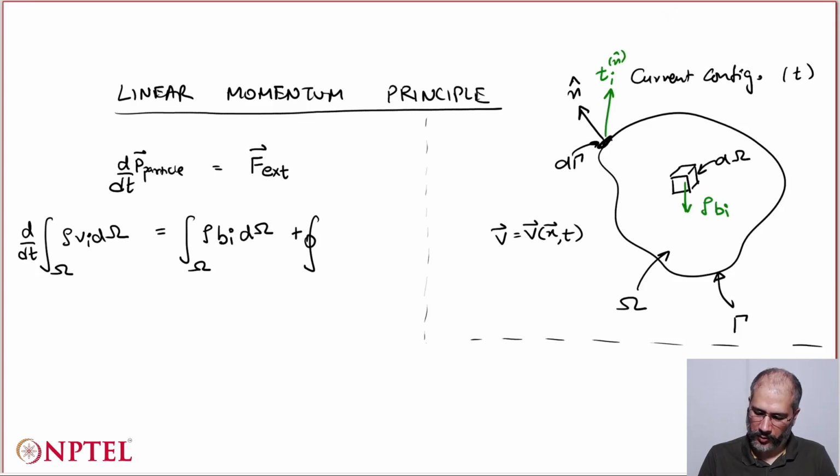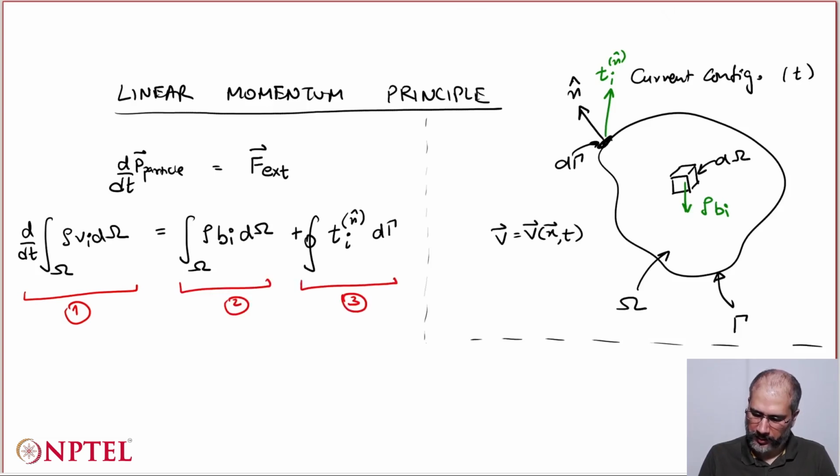So this will be a closed integral, and the surface force from the Cauchy stress principle is simply the traction over an infinitesimal surface with an outward normal n hat times d gamma, and this is a vector, so it has an index i. So we'll number these terms as 1, 2, and 3 because we'll be handling them separately now.